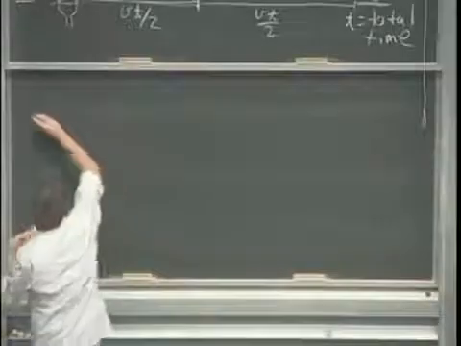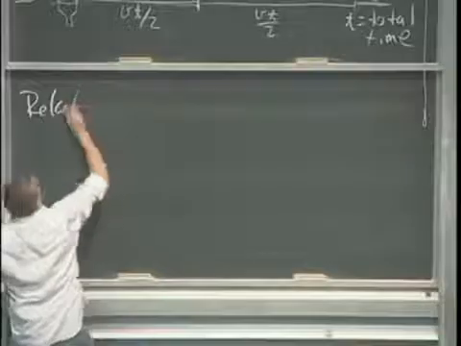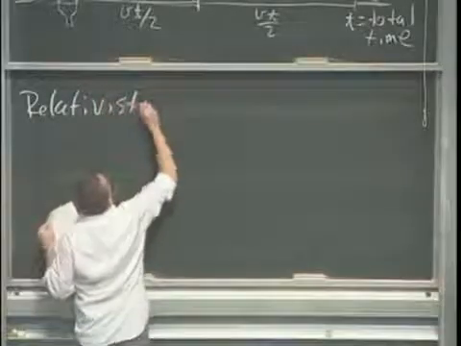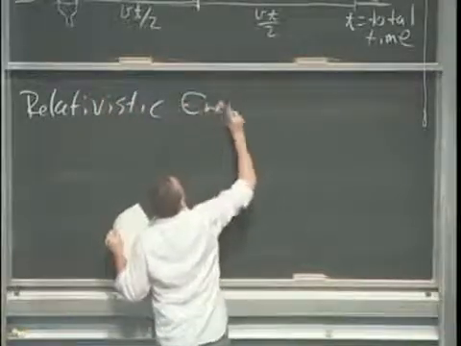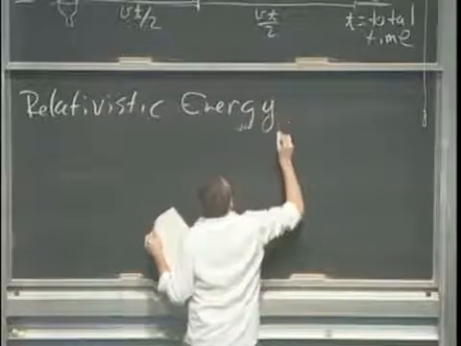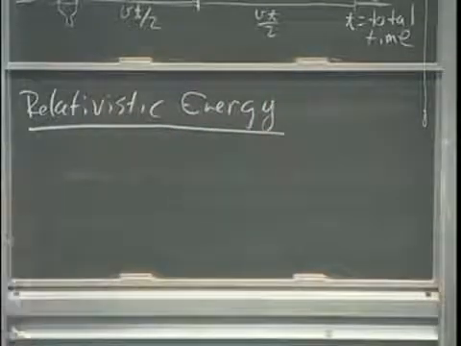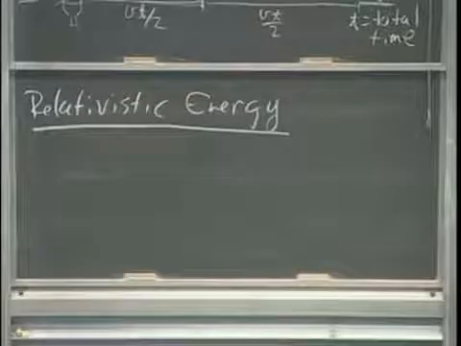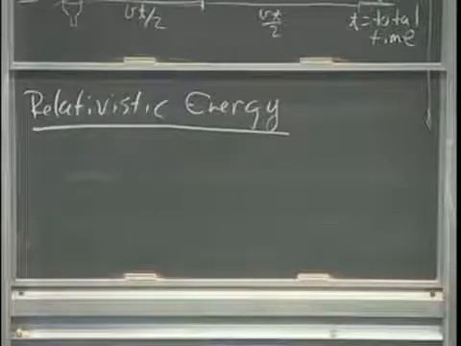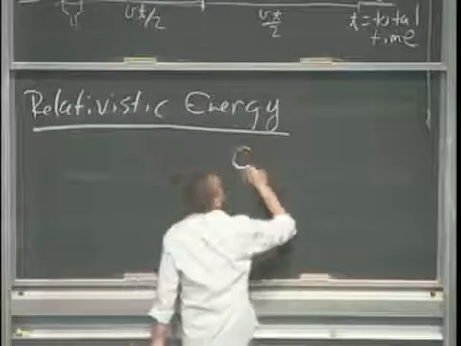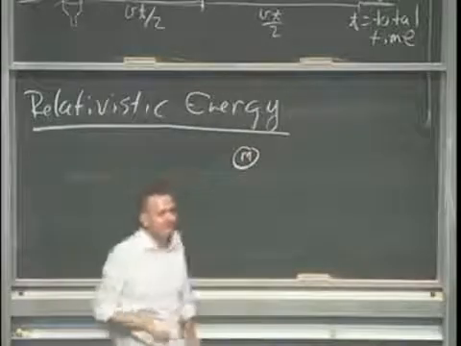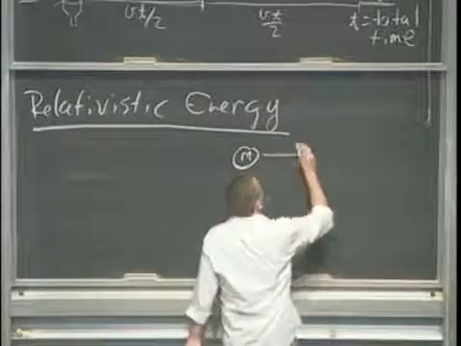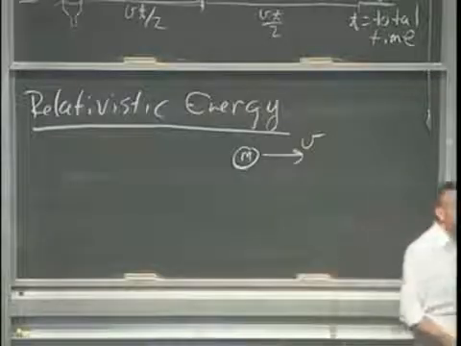Energy. Okay, relativistic energy. So we're not going to derive this. I'm just going to tell you what we see. So here is a particle of mass m, and it is moving off with some speed v.